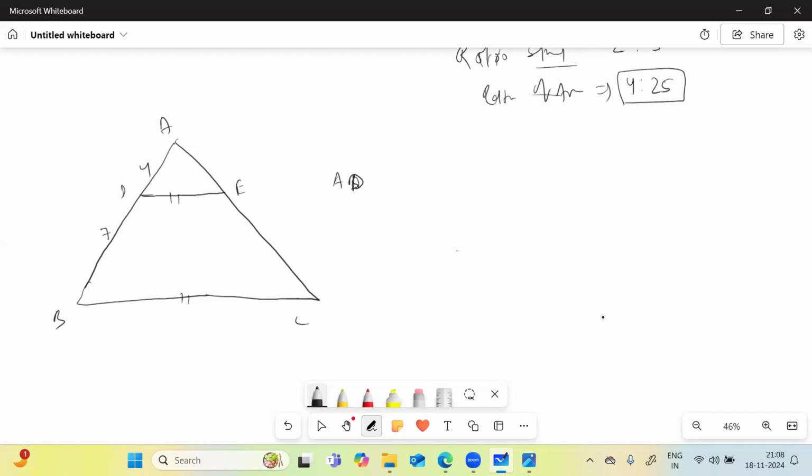AD is to DB is equal to 4:7. Now you have to give me area of triangle ADE divided by area of triangle ABC. बताओ.